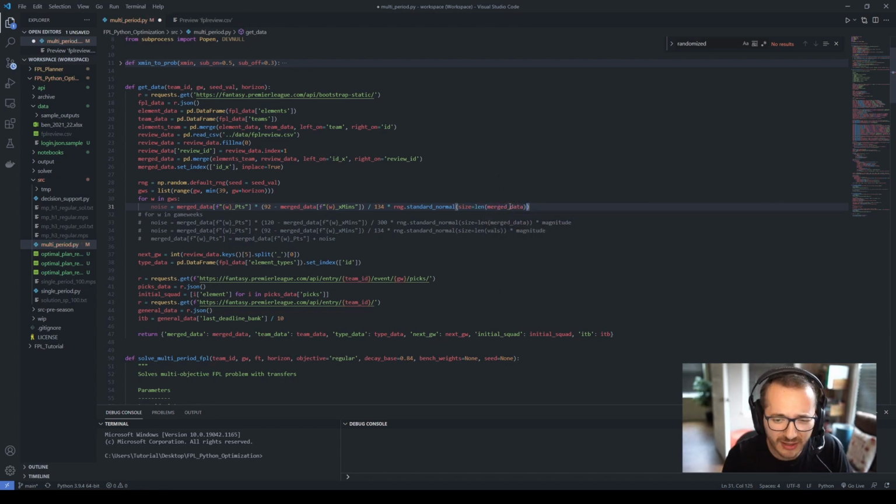And then merge data, remember, will have as many rows as number of players in the system. Well, I won't multiply this with magnitude here, but essentially the idea behind magnitude is you don't need to apply the entire noise always 100%. You might be interested in reducing the magnitude a little bit.